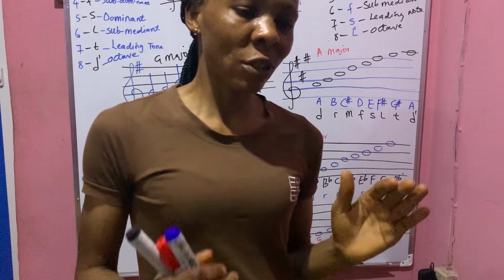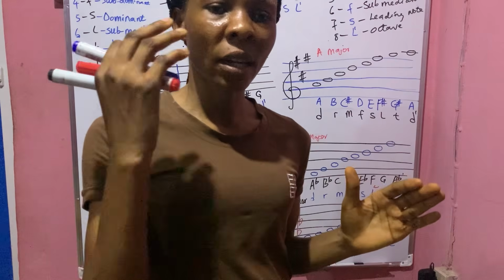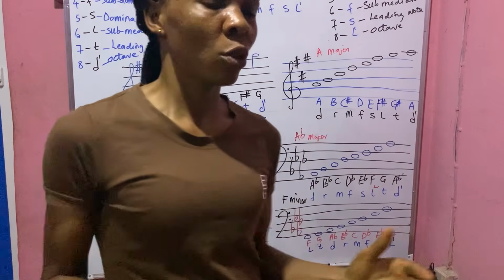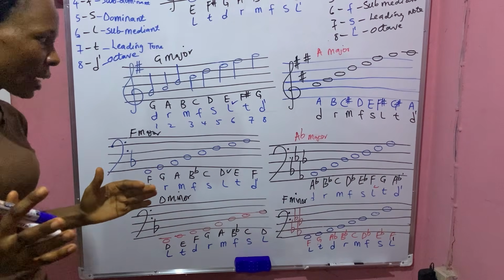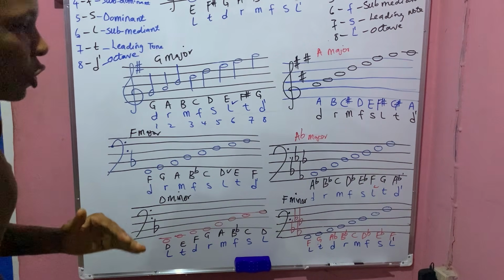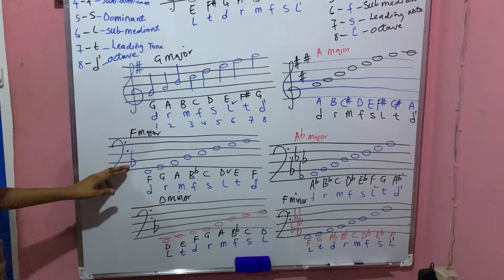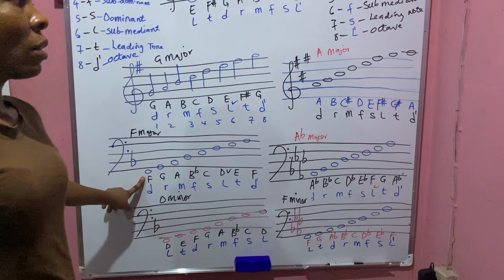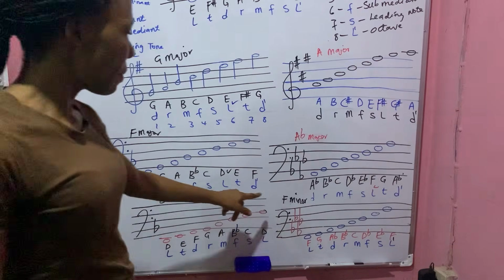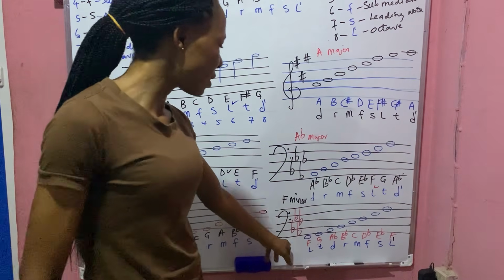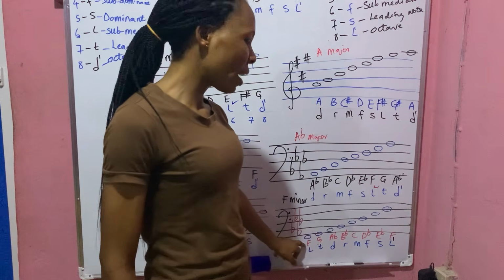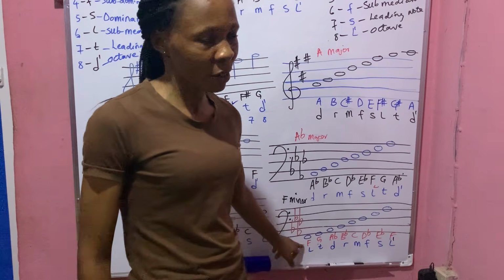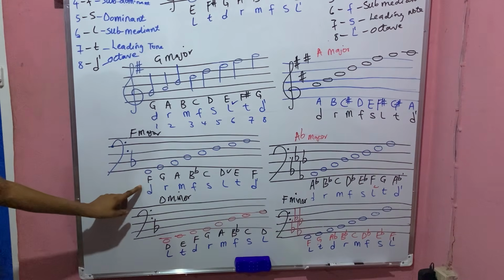Okay, now if I should ask you what's the difference between the key of F major and the key of F minor, you're going to tell me perfectly that the key of F major has one flat and F is the tonic. And the key of F minor has 4 flats and F is the tonic, and the tonic in minor is La, while the tonic in major is Do.